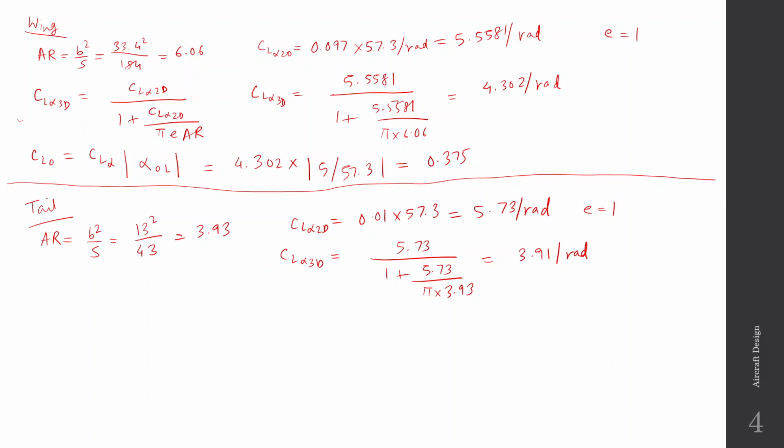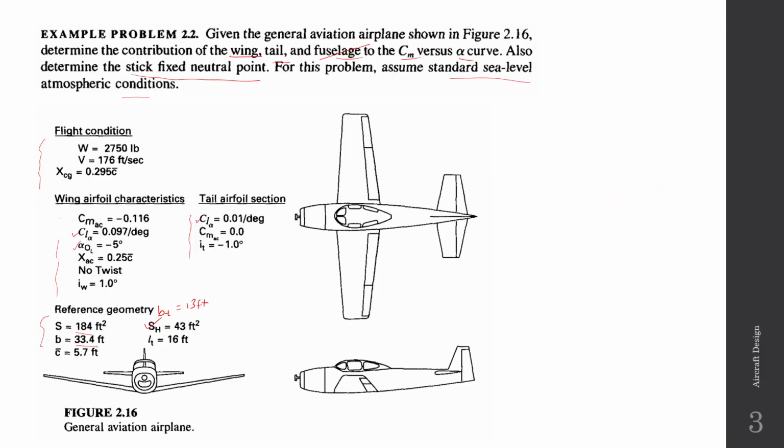Okay, then there must be a mistake. I think there is a printing mistake. This should be 0.1 per degree, because otherwise the CL alpha will be too low.